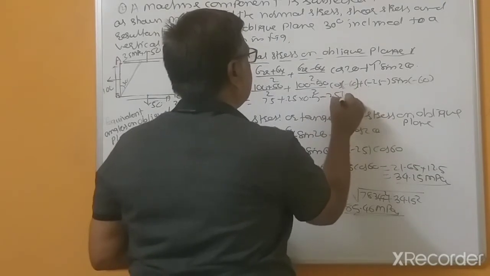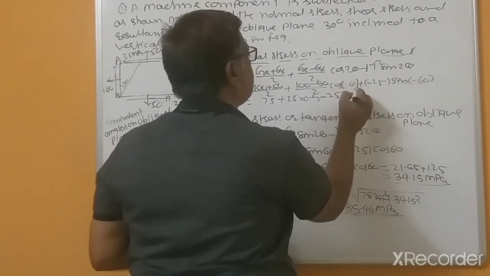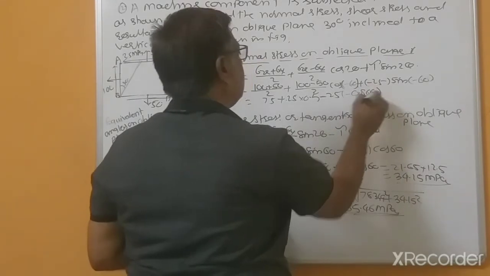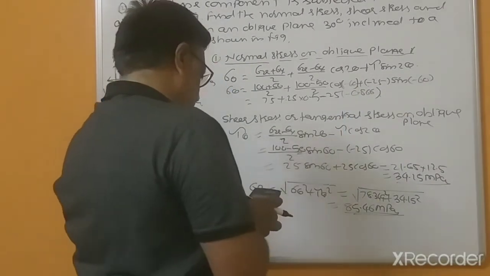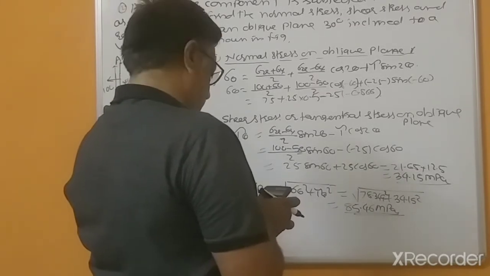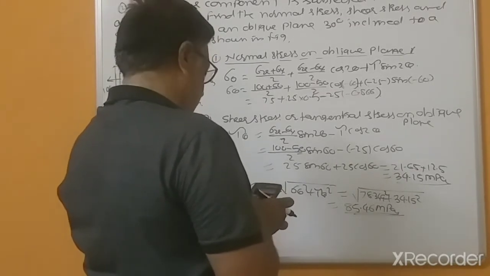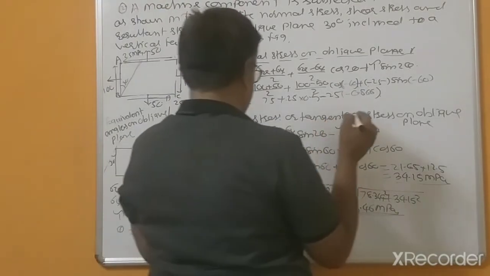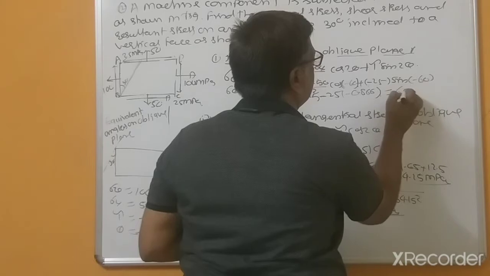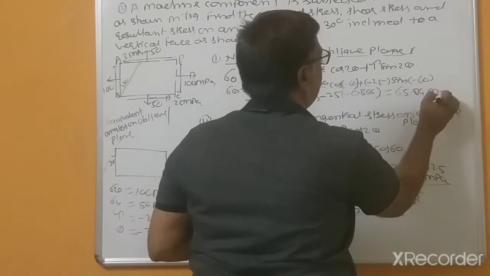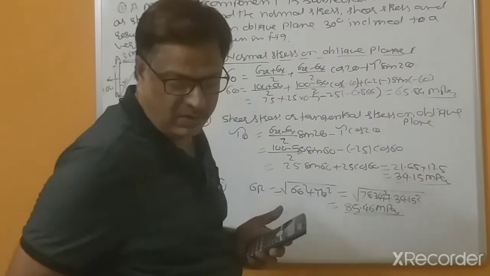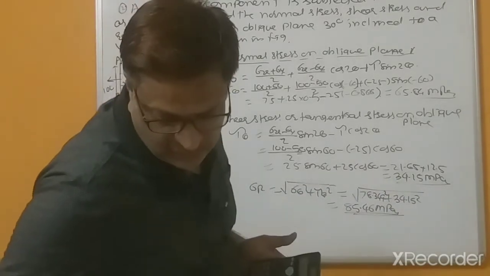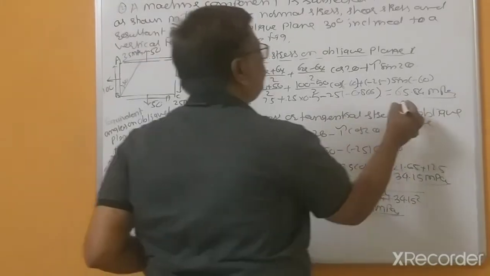And bracket minus 86 into 25 plus 12.5 plus 75. So this is 65.84 megapascal, and this is tensile.